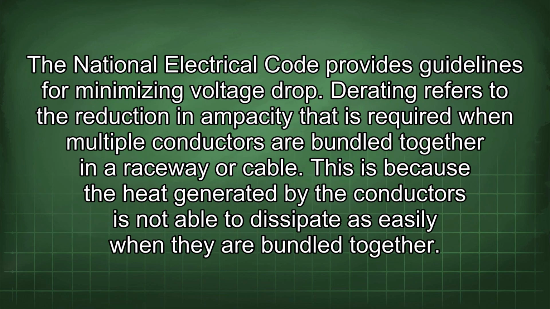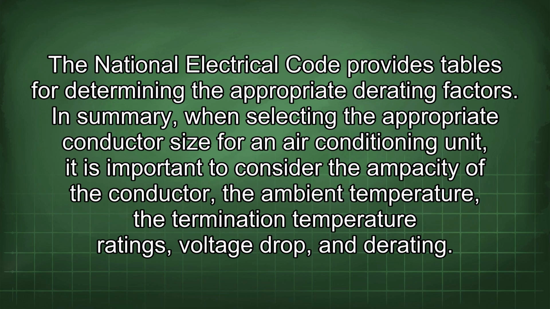The National Electrical Code provides guidelines for minimizing voltage drop. Derating refers to the reduction in ampacity that is required when multiple conductors are bundled together in a raceway or cable. This is because the heat generated by the conductors is not able to dissipate as easily when they are bundled together. The National Electrical Code provides tables for determining the appropriate derating factors.